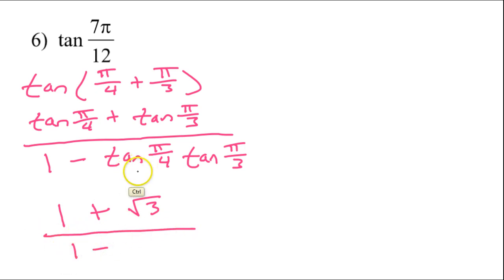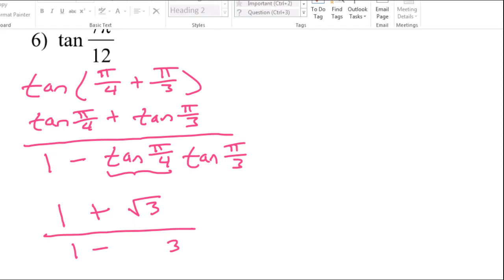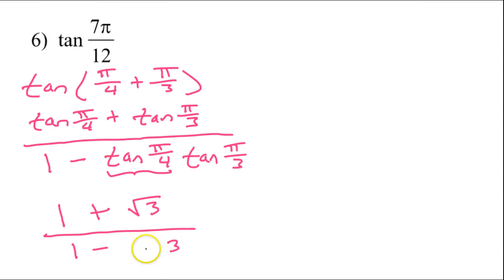I'm not writing the 1 that comes from the tangent of pi over 4 in the product, because 1 times radical 3 is still radical 3. So it's not changing anything, so I can just skip it. And guess what? That's going to be the final answer.